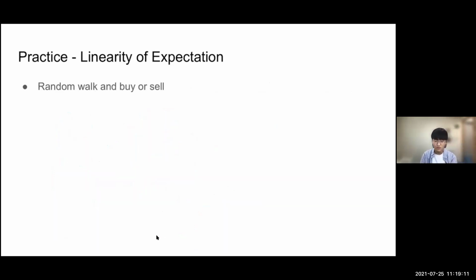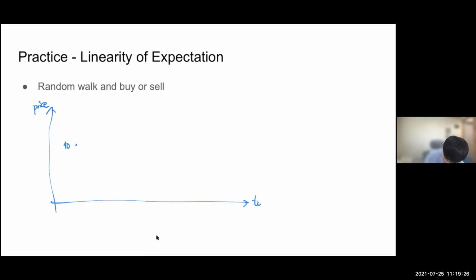Maybe another good example is the following. I want to simulate a kind of stock exchange. So there will be stock prices. Let's say that the price starts at 10. This will be time, and this will be price. Every hour, let's say, you toss a coin.